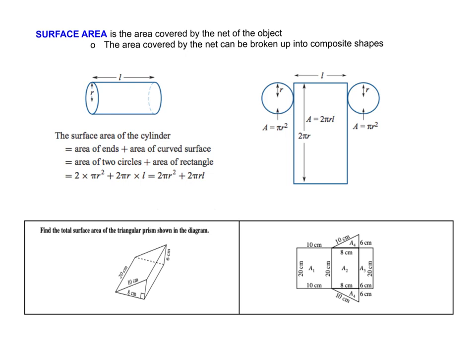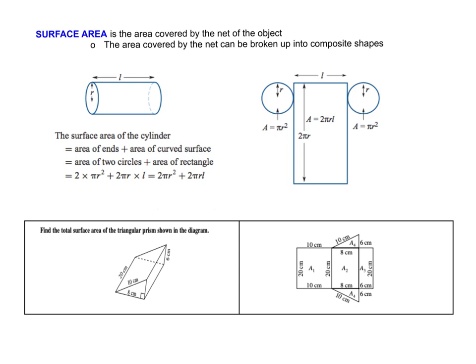With surface area, obviously you can follow the formulas, but it's really important to think about what they're actually asking, because sometimes they might not be asking for the area of, say, an open cylinder. For this example, we've got a cylinder, and it's giving me the formula for a full cylinder.